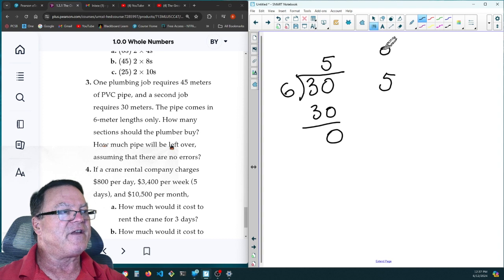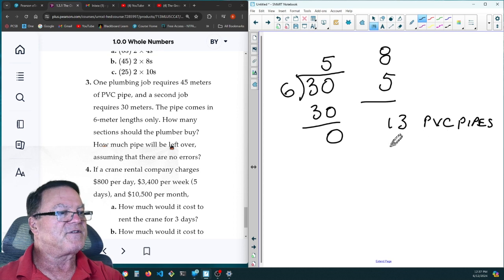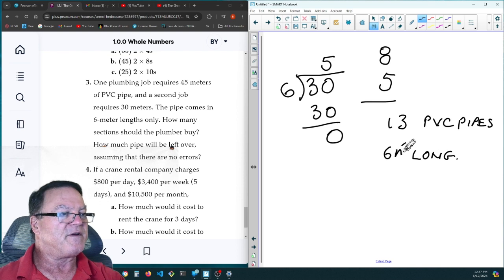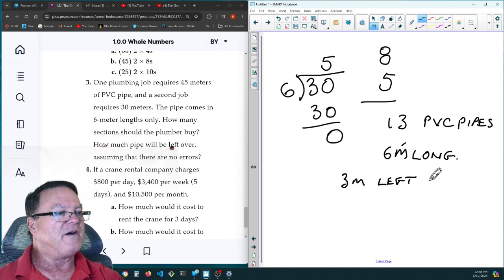And we needed 8 for the other job. So we're going to need a total of 13 PVC pipes that are 6 feet long. I'm sorry, 6 meters long. 6 meters long. We're going to have 3 meters left over. We're going to have a half of a 6-meter pipe left over.